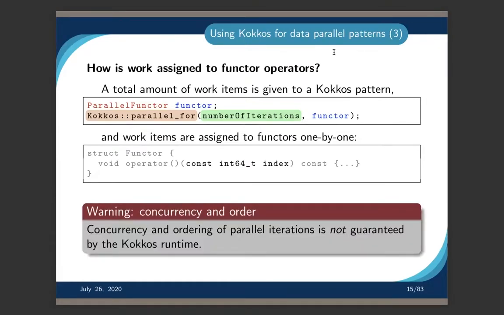Now, one word of warning here is that concurrency and ordering of parallel iterations, right, is not guaranteed by the Kokkos runtime. So that means we don't tell you that iteration 0 gets started before iteration 1 gets started, right? We don't guarantee that we don't randomly shuffle in which order we execute these things, right?